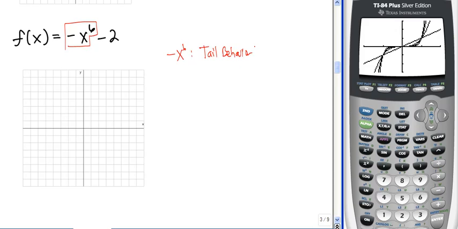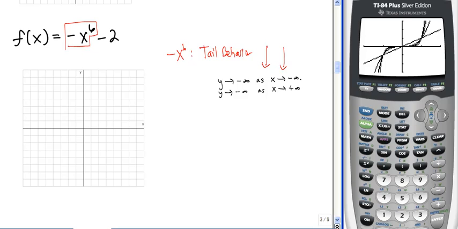Well, remember, even powers either go up, up, or down, down, and if the leading coefficient is negative, then that means it goes down, down. And if you wanted to be fancy about it, you could say that y goes to -infinity as x goes to -infinity, and y goes to -infinity as x goes to +infinity. So it's going down for the y's when I go to the left or to the right.